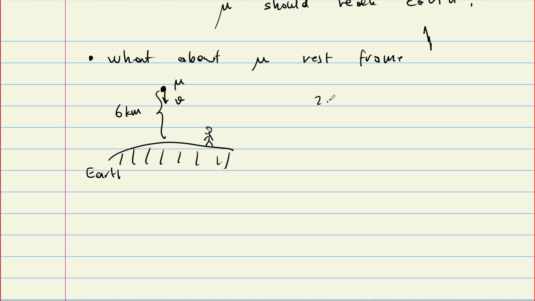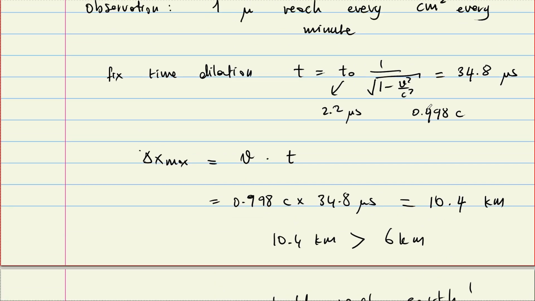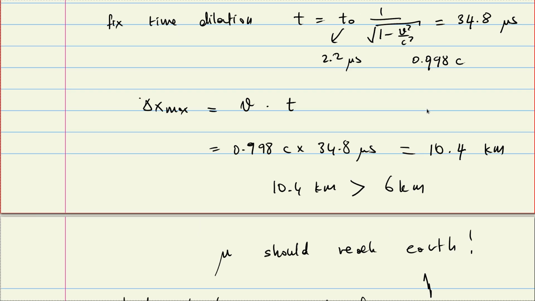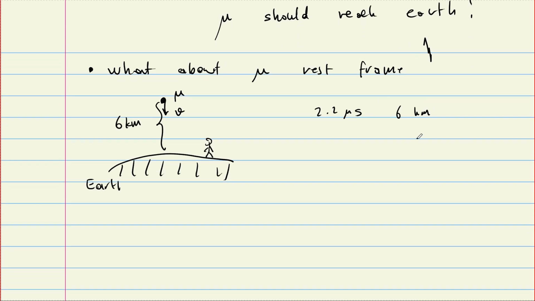Lifetime is 2.2 microseconds, and I have to cover a distance of 6 kilometers. But I can only go, like I calculated here, 0.66 kilometers. Then how do I fix the physics in the muon rest frame? What is the resolution? Distance is not 6 kilometers. Exactly, right? Now the distance should be contracted.